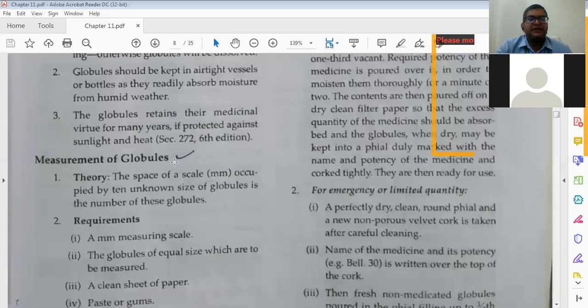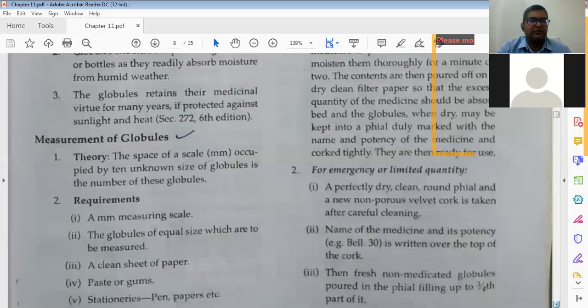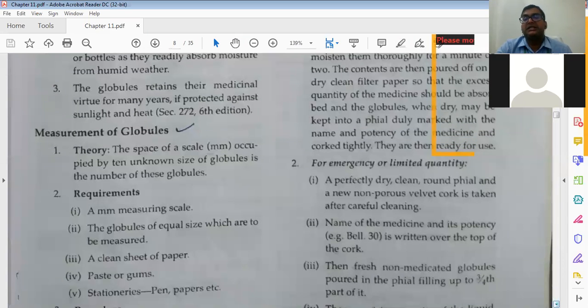The space of the scale occupied by 10 globules of unknown size, the number of these globules should be 10. Their size we have to measure. What is the requirement for that? Just we will see the requirements. A millimeter measuring scale. The globules of equal size which are to be measured, uniform size is important.